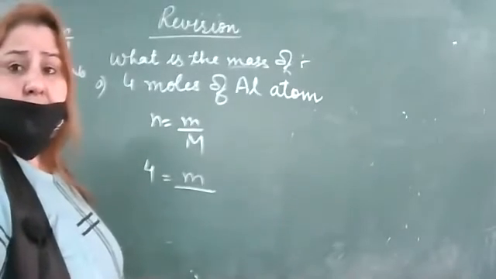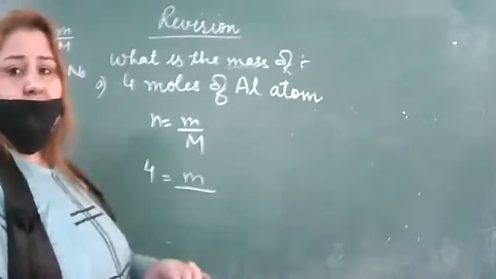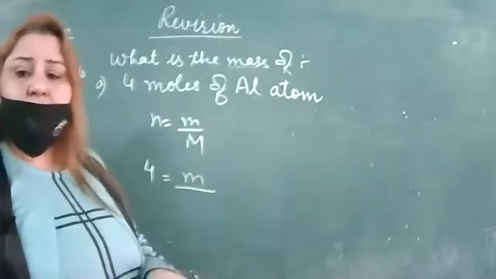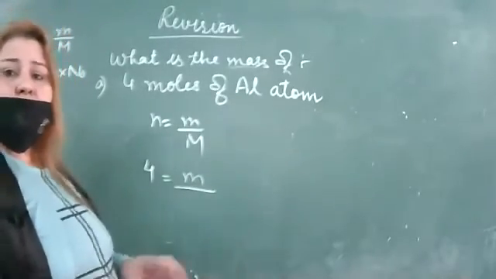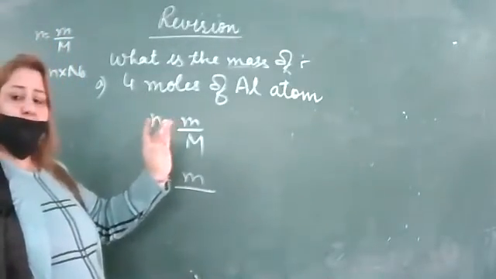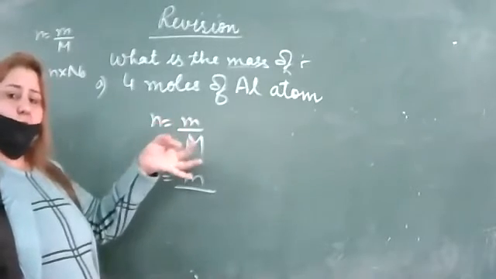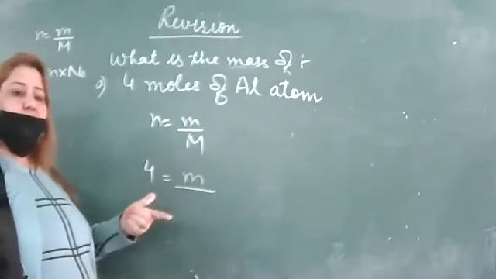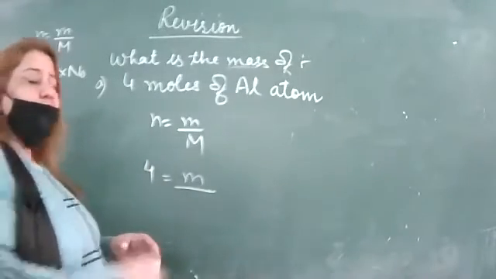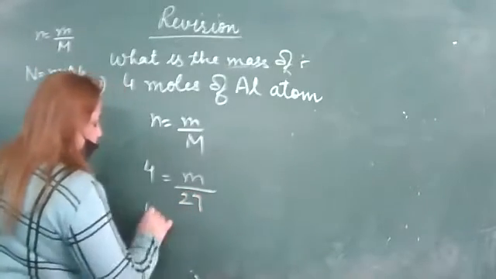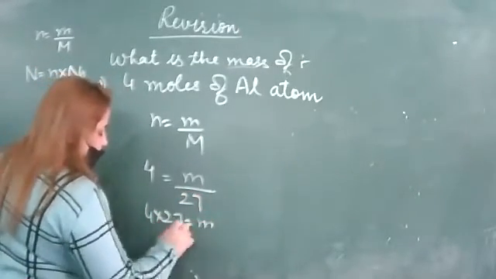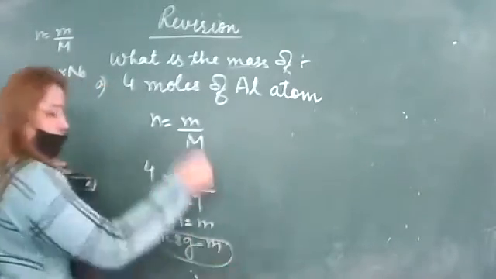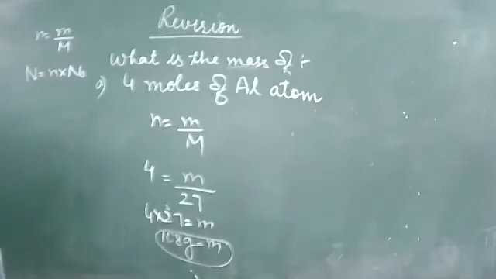Aluminium's atomic number is 13. 13 is an odd number. 13 double is 26, 26 plus 1, 27. Is it clear?